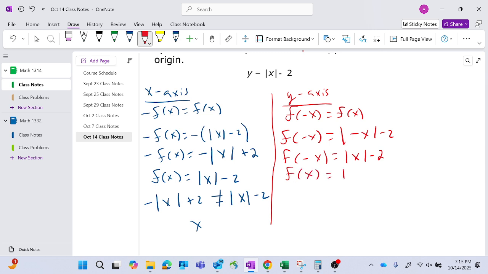And f of x is just the absolute value of x minus 2. Everyone with me? So these are the same. So yes, it is symmetric over the y-axis.